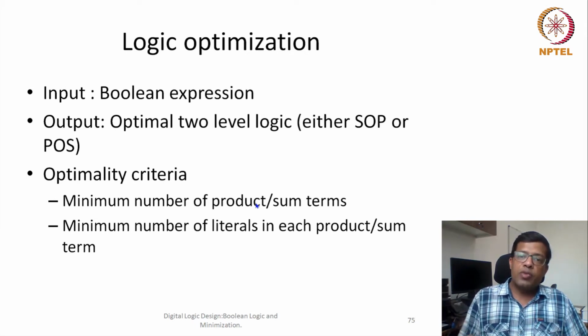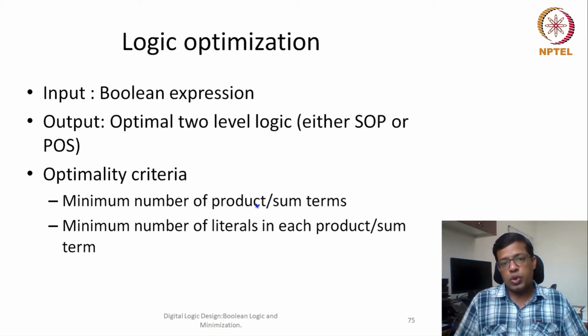When we are doing sum of products, all these product terms would finally be added, so there would be an OR gate in the end, and the number of inputs to that OR gate would be equal to the number of product terms.